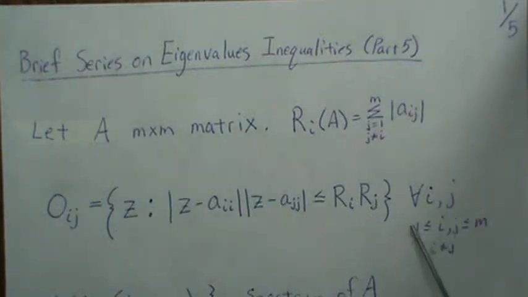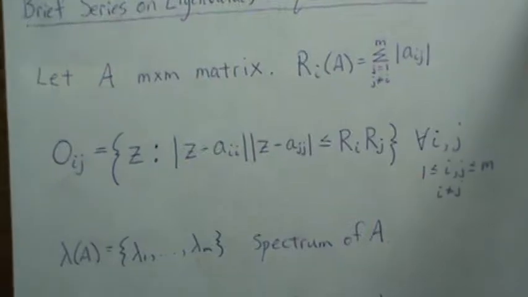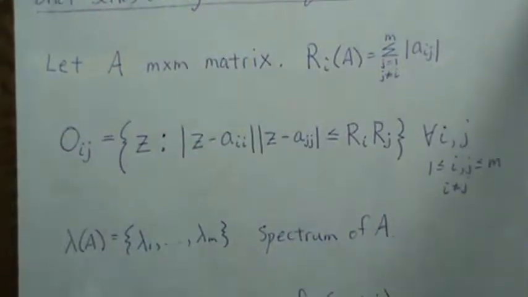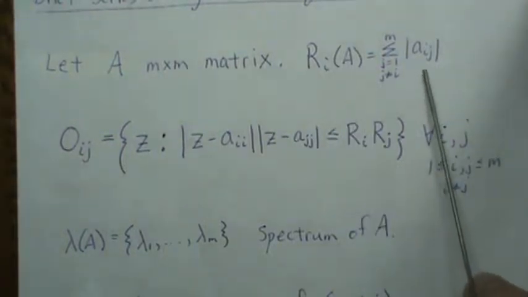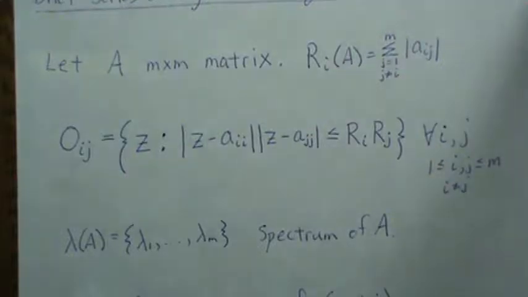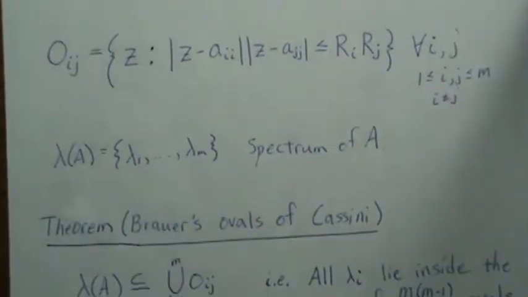Anyway, these are the ovals of Cassini, and Brauer uses them to put bounds on the eigenvalues of A, also called the spectrum of A, where he chooses these numbers using the row sums of the matrix, except for the diagonal. So let's look at that specifically.